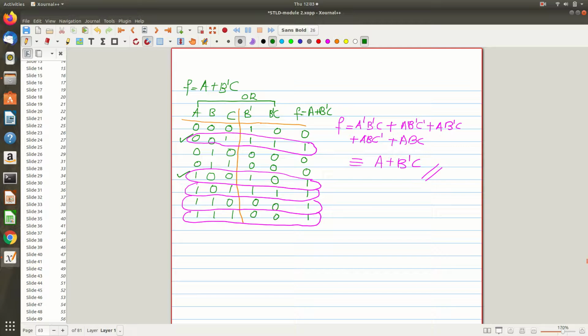Another case is A, B dash, C. The fourth case is A, B, C dash, and the last case is A, B, C. Hope it is clear the way I am writing it.